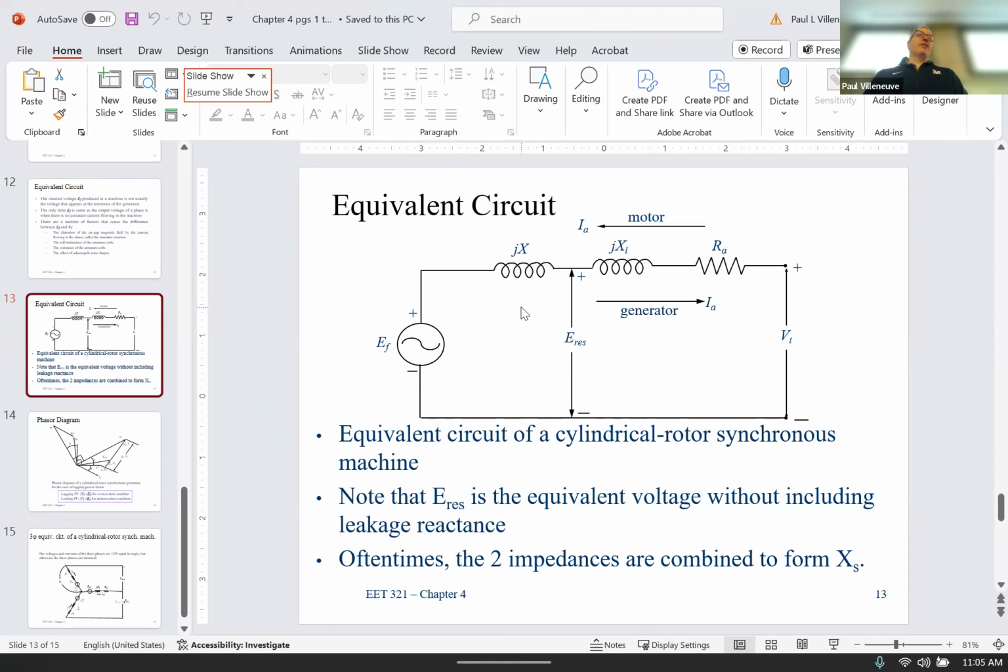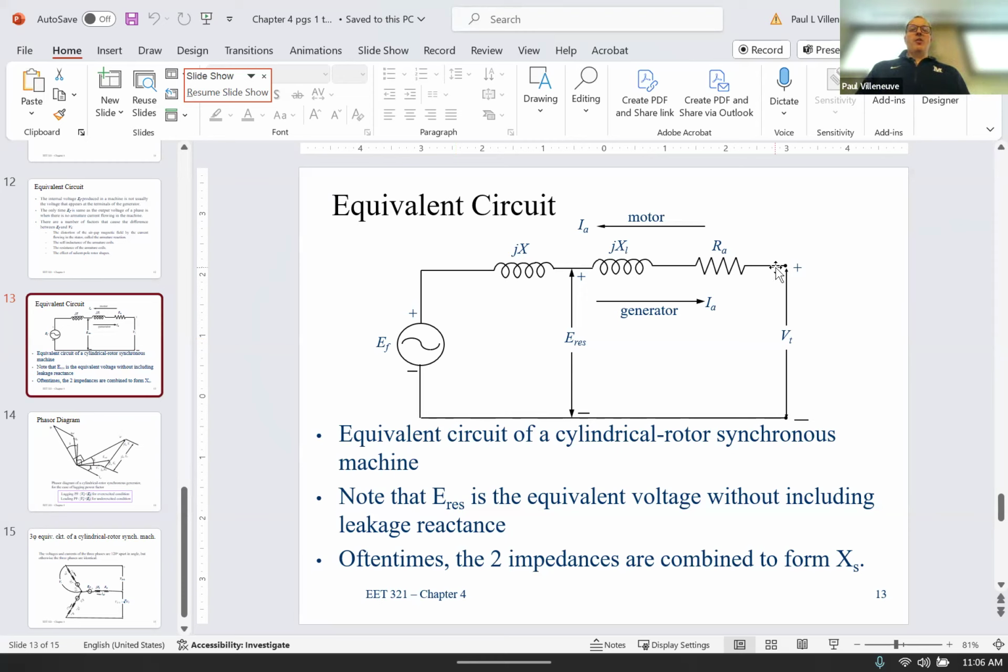The problem is how do we calculate what this impedance is going to be if we have no current flow? Isn't Z equal to V divided by I? So we've got to get I, but the moment we get I, we no longer have EF, correct? So here's the thing.